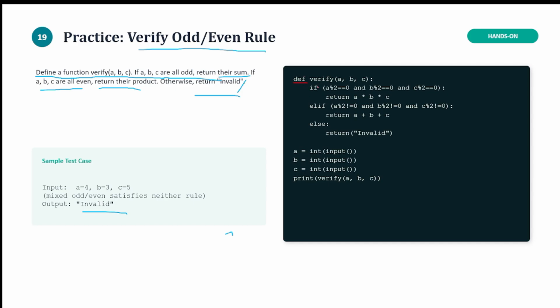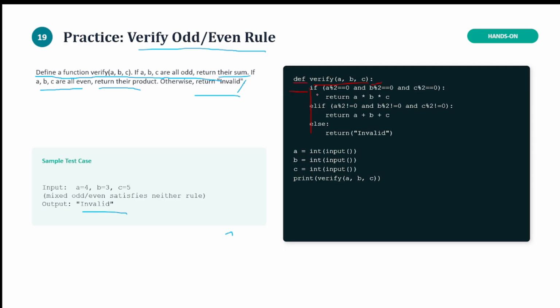def means that we are going to create our function. We create a function named verify with parameters a, b, c. After that a colon, then an indentation space, which means the body of the function starts after this indentation.